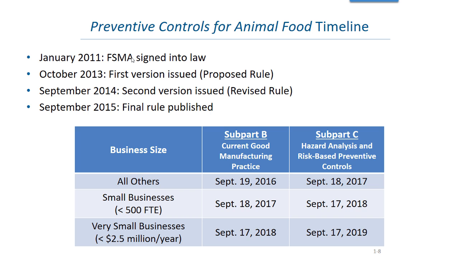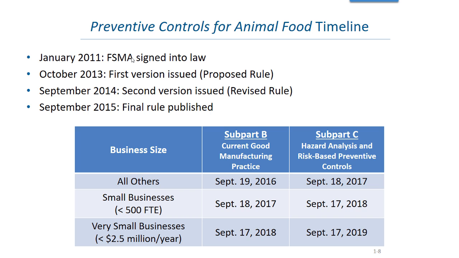Below that, we have a table of different business sizes and their compliance dates for 2 of the important subparts of this rule. Subpart B, which we're going to cover in Chapter 2, goes over current good manufacturing practices. There are certain things we're going to have to do in our daily operation to meet the requirements of this rule. Depending on your business size, you may already be in compliance or need to be.